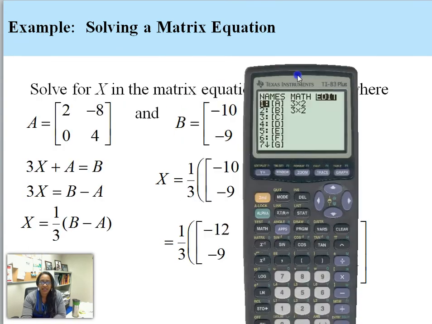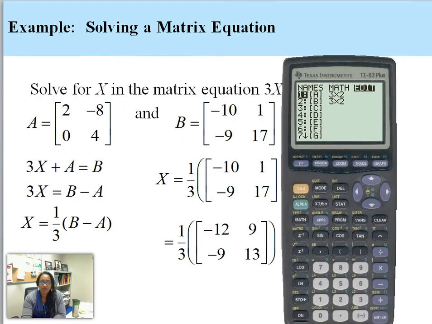So the matrix A here is 2 by 2. So enter, it's 2, enter, 2. The first element is 2. Second element is -8. Third element is 0. The next element is 4.